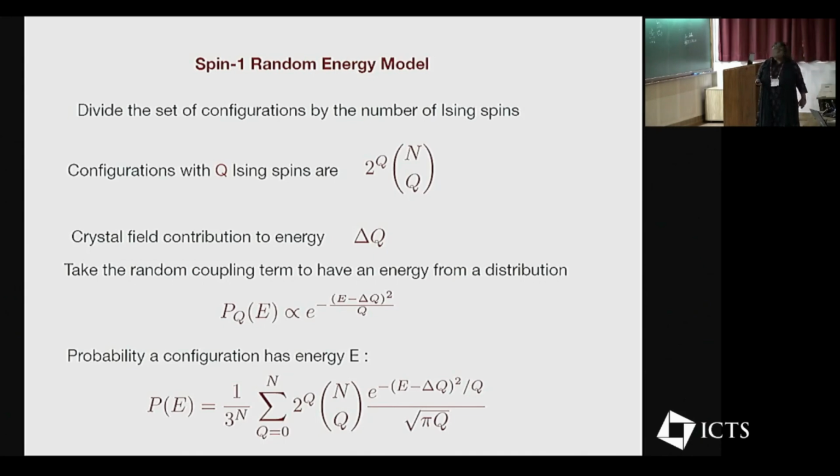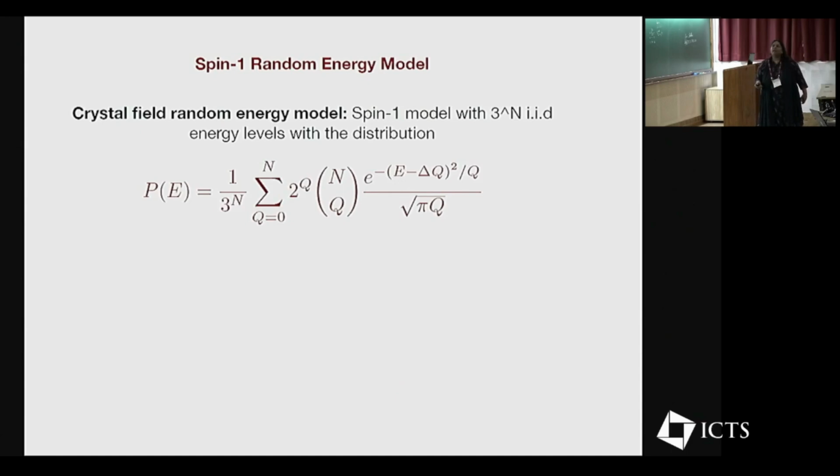Based on this, one can write the full distribution by summing over all values of q, and which would look like this. So now we have a Spin-1 model, which for the time being we have called the crystal field random energy model. This is a Spin-1 model with 3^n IID energy levels, and their distribution is given by this probability distribution.